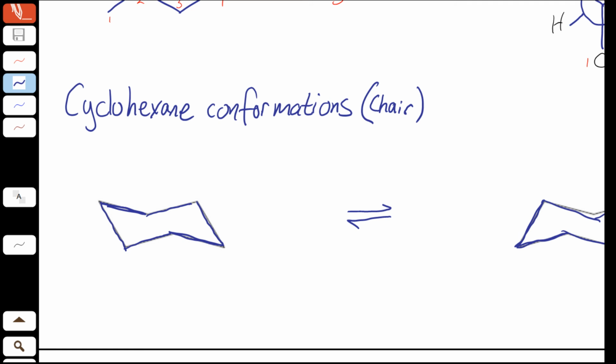Because wouldn't that look different depending on what you're looking at? The Newman projection is different depending on what you're looking at, but the structure is still the same structure. It should be clear the structure is drawn.